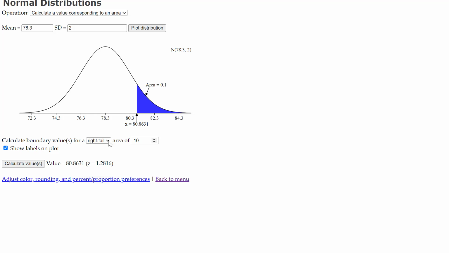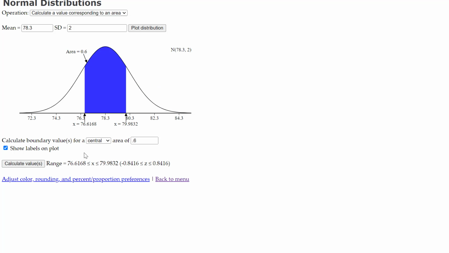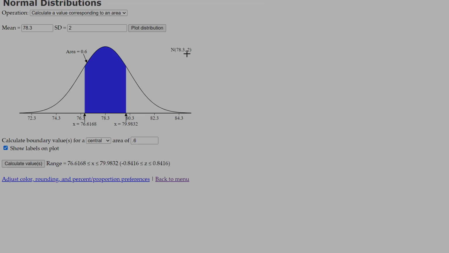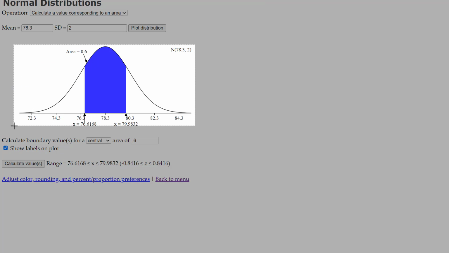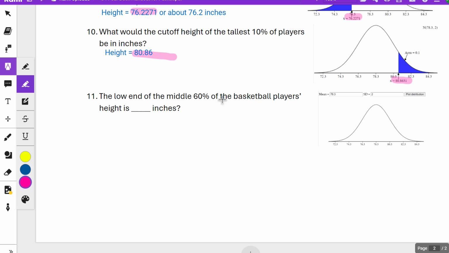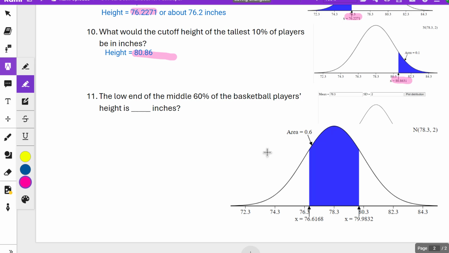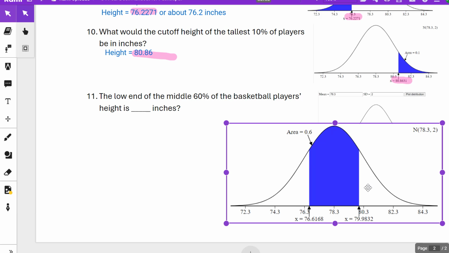Okay, and then finally, the low end of the middle 60% of players. So we're almost done. So we're going to do central. Change that to 0.6 or 0.60, however you feel. Calculate your value, and voila. Copy. Paste it here. Ooh, we can have a big one too, because I got extra space.